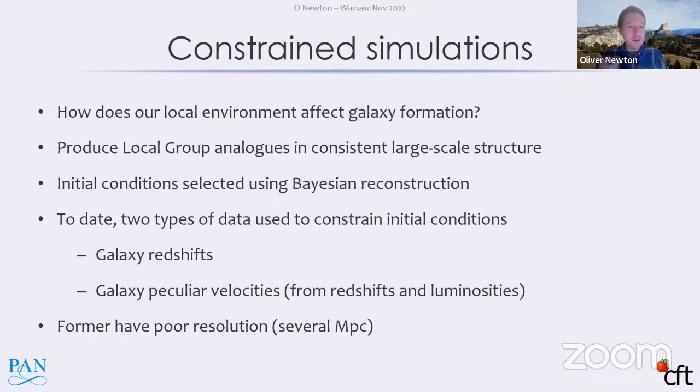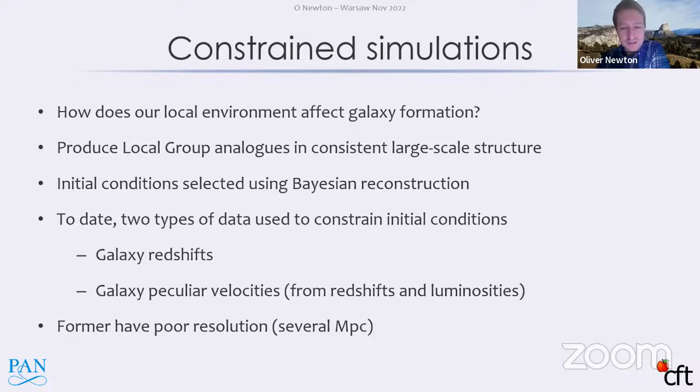We can use two types of observation to constrain the initial conditions. We can either use galaxy redshifts from redshift surveys, or we can infer the peculiar velocity field from other observations, redshifts and luminosities, to constrain our initial conditions so that we get these local groups at redshift 0 that do a reasonably good job of matching what we see.